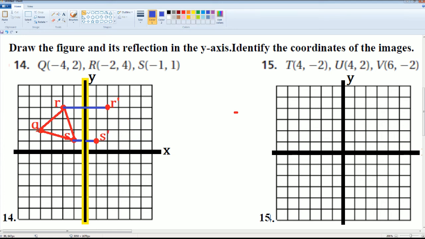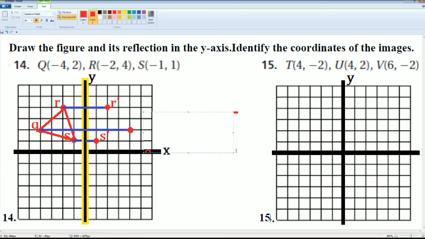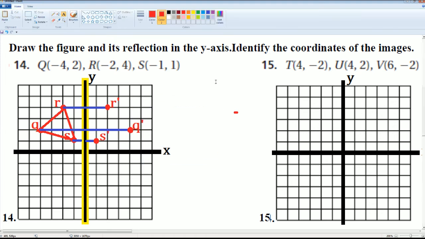Next, from Q, 1, 2, 3, 4, because I'm going to the line of reflection. 4 distance to the line of reflection, so 1, 2, 3, 4. Good. Put the point here. The old one is called Q, the new one's called Q prime. Alright, then just connect it.